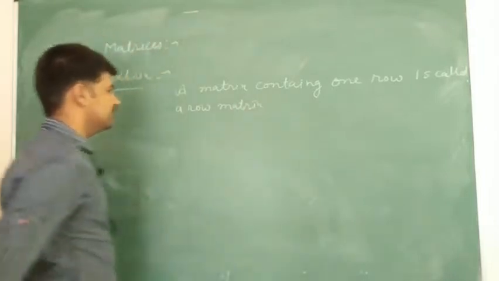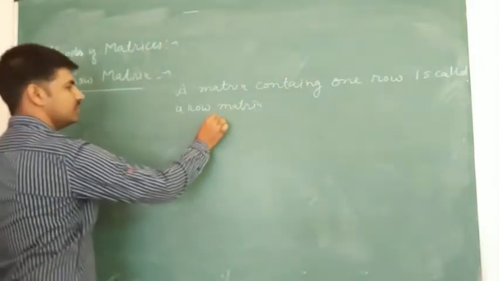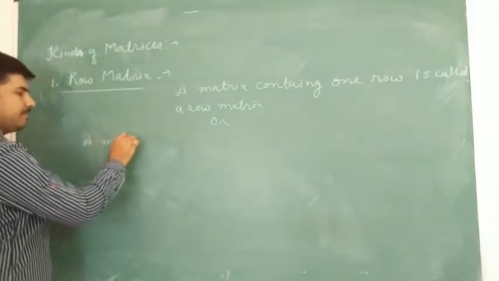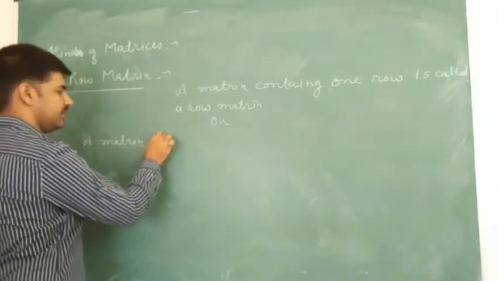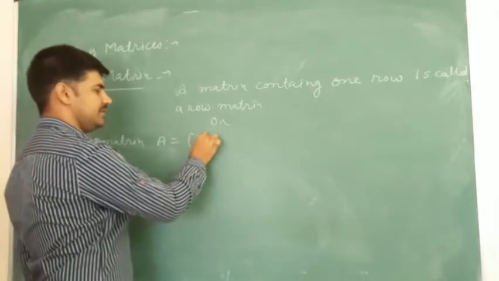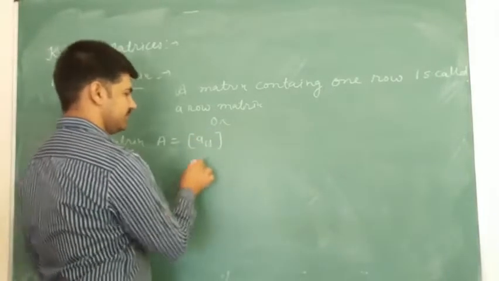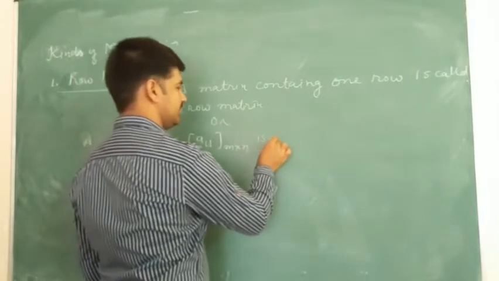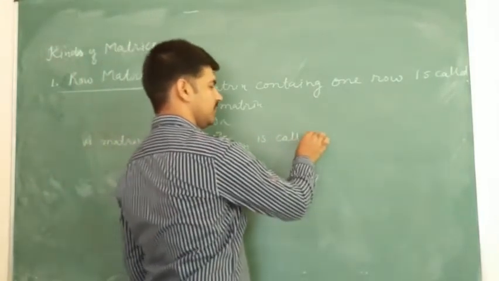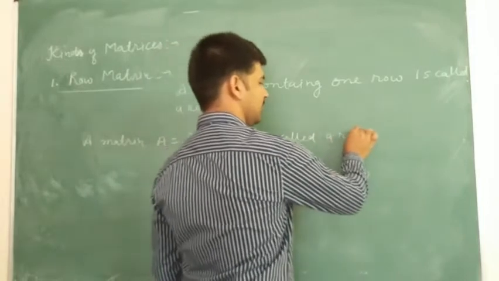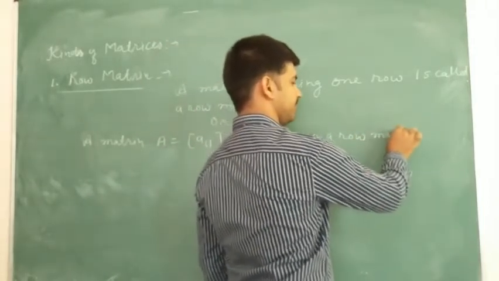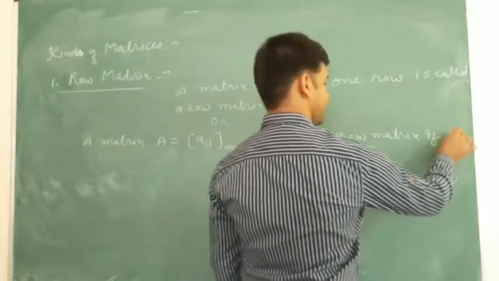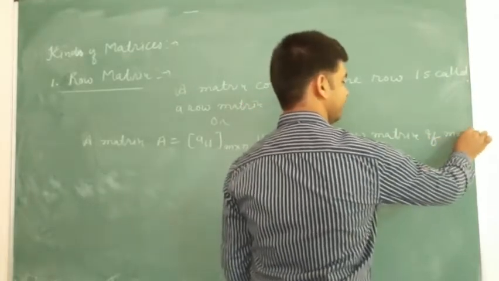In other words, you can write: a matrix Aij of order M by N is called a row matrix if M is equal to 1.